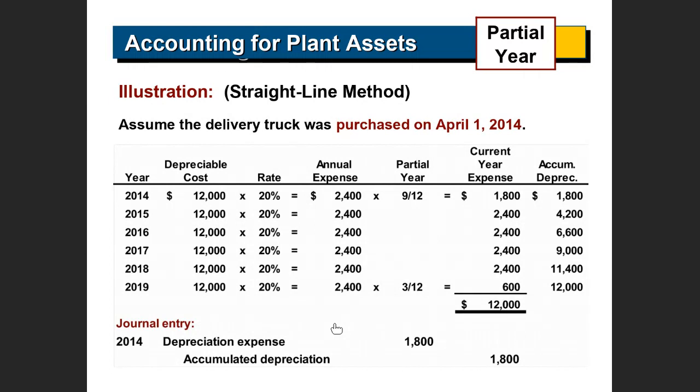Depreciation starts from the very moment you buy, from that very day. Right?